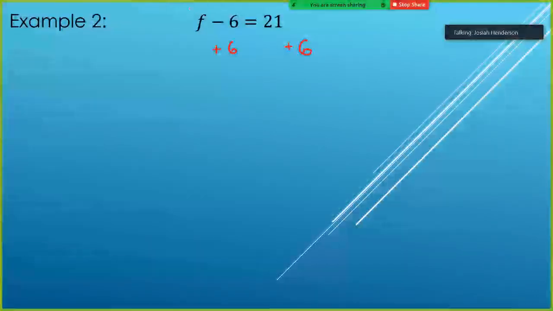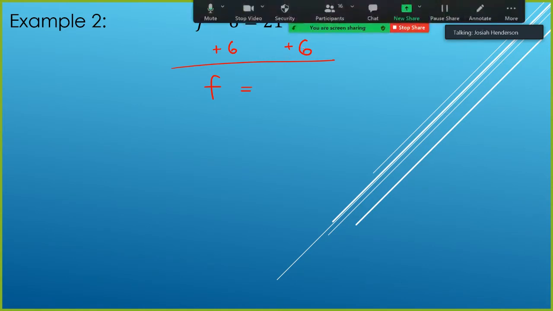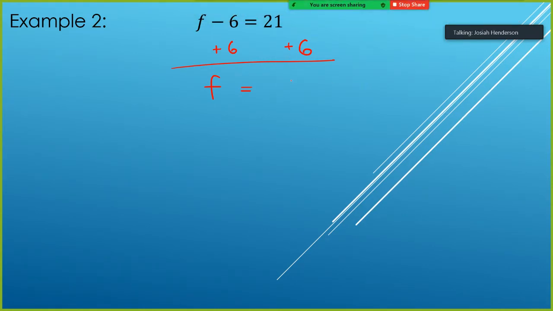I identify what's happening to f, and I do the exact opposite of that to both sides every time. This will always work. So 6 minus 6 is 0, meaning it's just f all by itself. Yay, that's what we want. On the right side, we've got 21 plus 6, so 27.